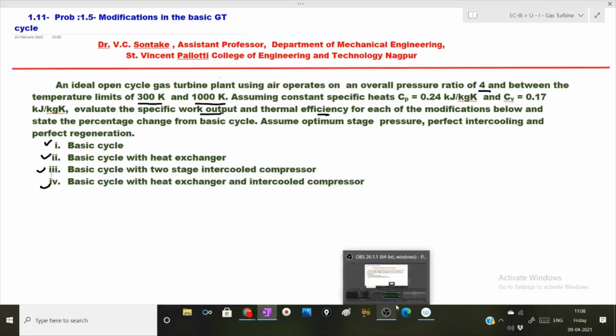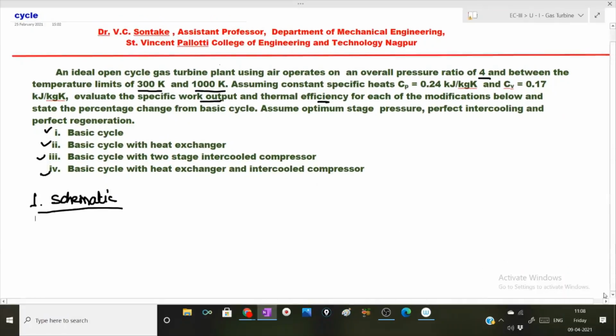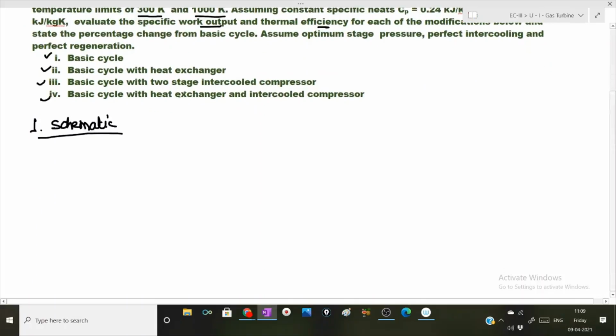So let us first draw the schematic of this problem. I will be representing the different gas turbine cycles along with the modifications on the same curve. So let us say I am representing all the processes on PV diagram.